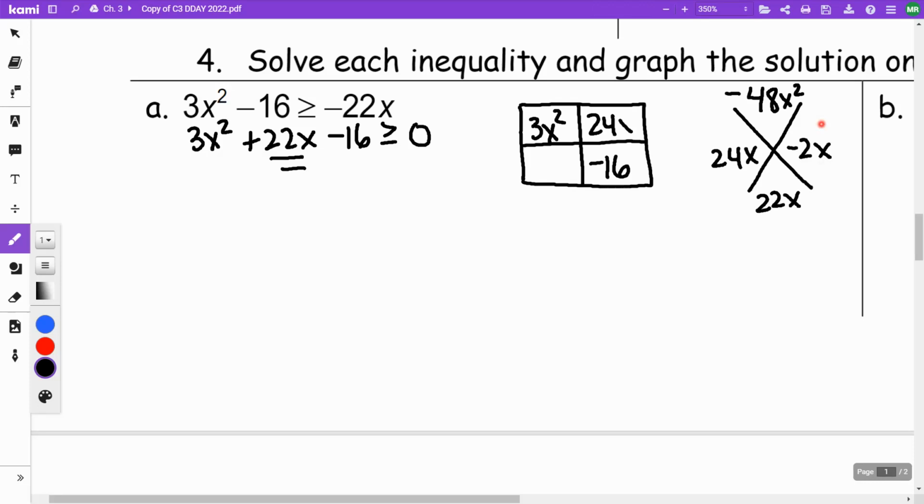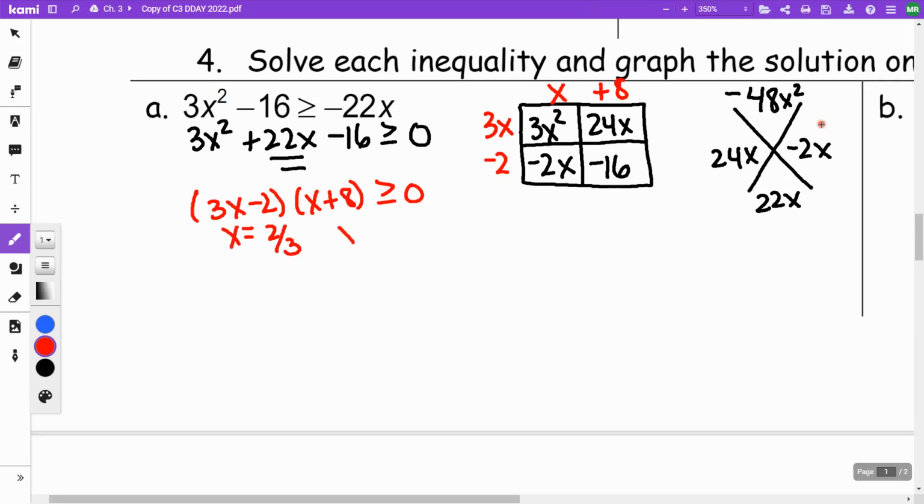So 24x and negative 2x. And then my 3 is going to go here, my x here. This will be a plus 8. This will be a minus 2. So I'm going to have 3x minus 2 times x plus 8 greater than or equal to 0. I am going to get 2/3 as one boundary point and a negative 8 as another.